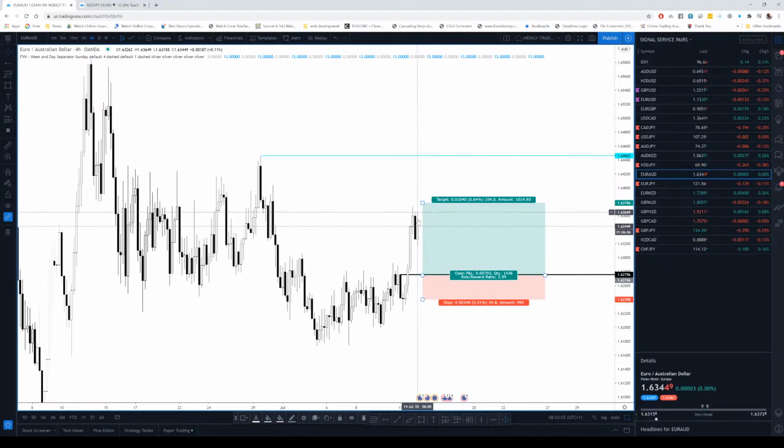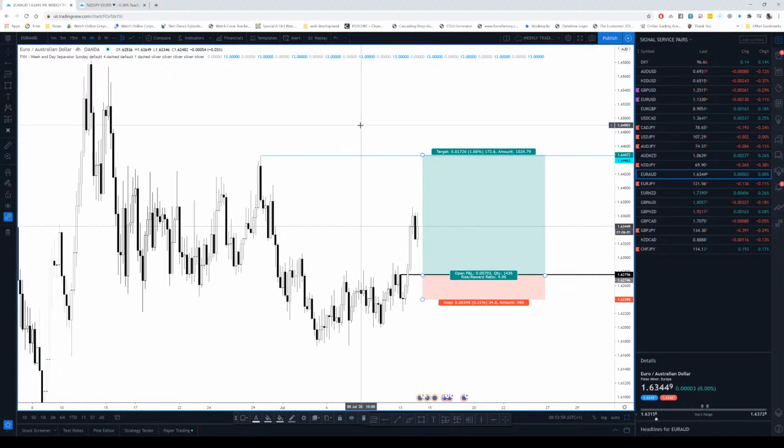But I'll not buy as it's dropping. I'll wait for weak rejections, and then I'll be interested in a buy to go and take out this high. So that's what I'll be looking for on this pair. They've given me a good push, so once they come back down here, I'll be interested in a buy.